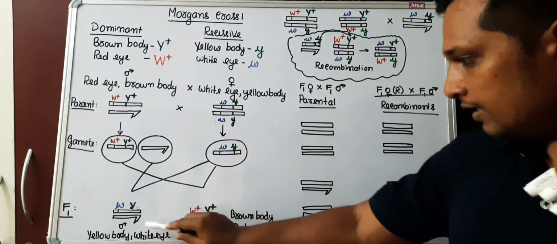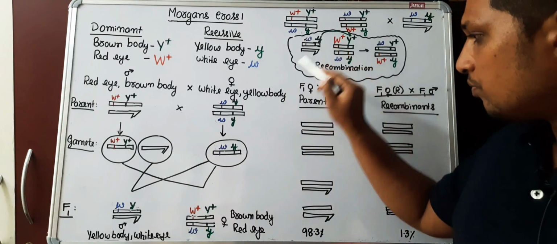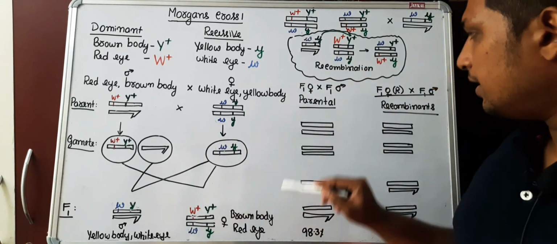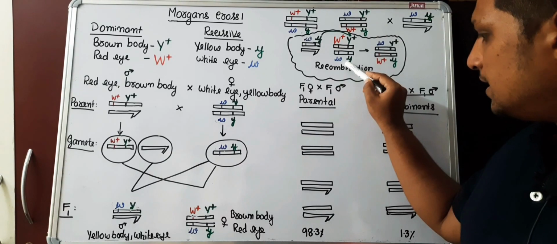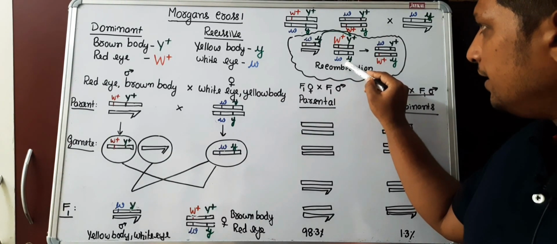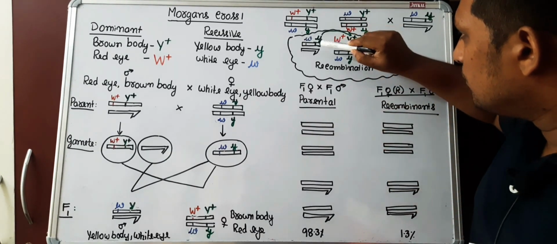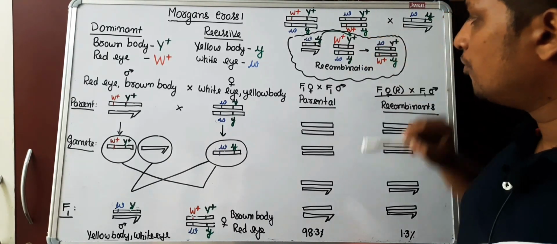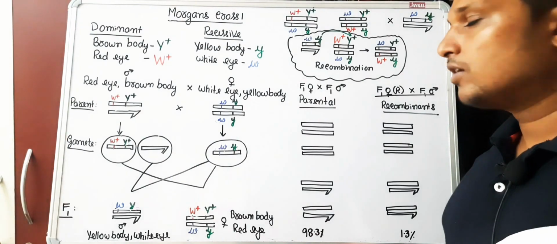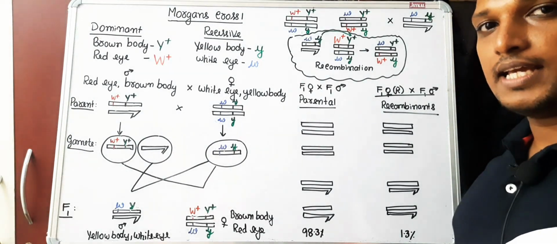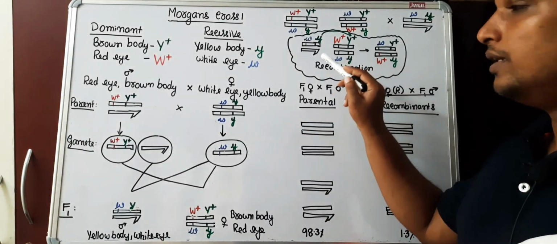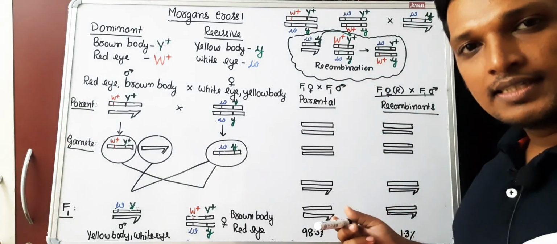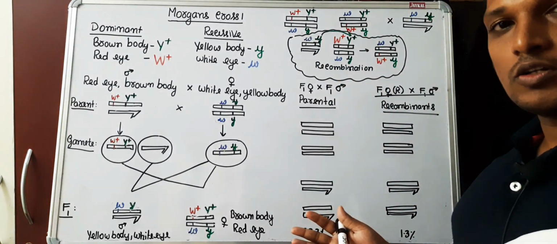Here it is shown. Look at the same male I have taken, small w, small y male, and I have taken a female which is wild type. Wild type means brown body, red eye. Now between the X chromosome of the male and the X chromosome of the female, there will be a crossing over at the pachytene stage. Why not Y? Y doesn't have any genes, so it is not involved in crossing over.